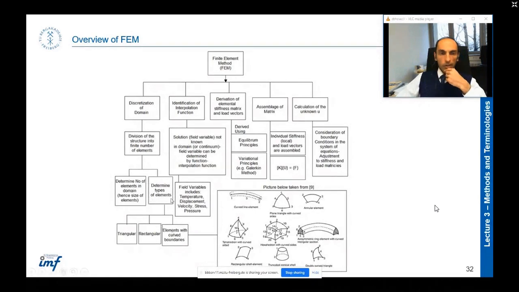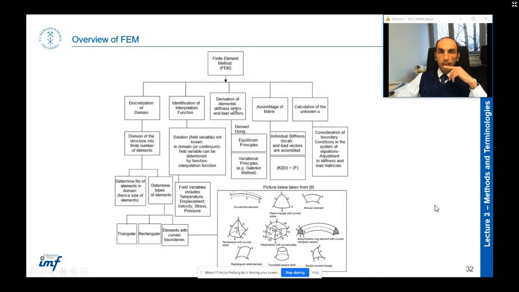Okay, so this is clear. The concept of discretization of the domain is clear. Of course, as I said, we have the discretization for time in our problem. Then identification of the interpolation function. We talked about the interpolation function and what its usage is. It's explained here.